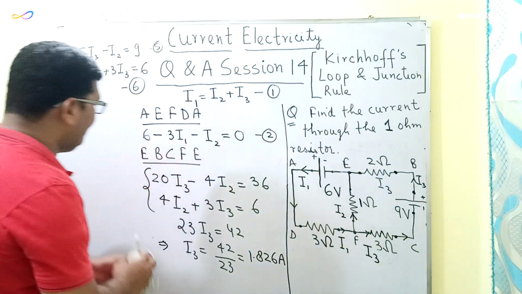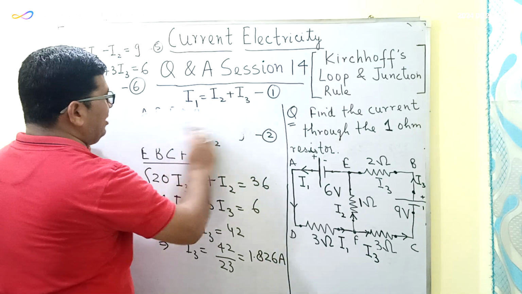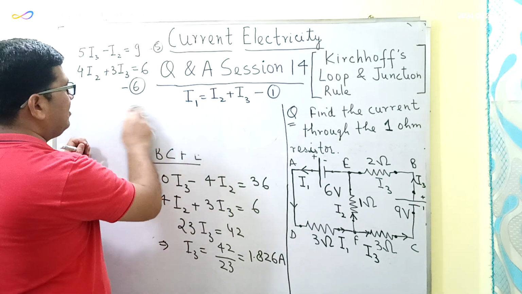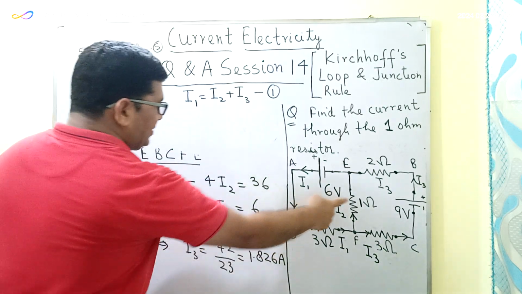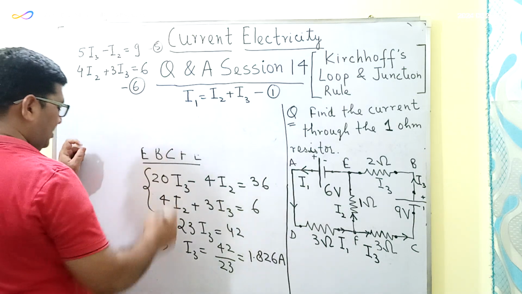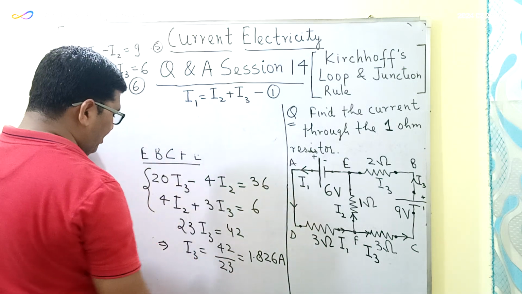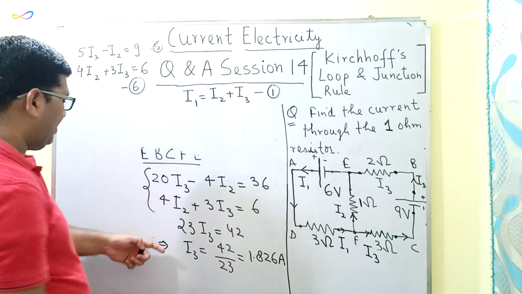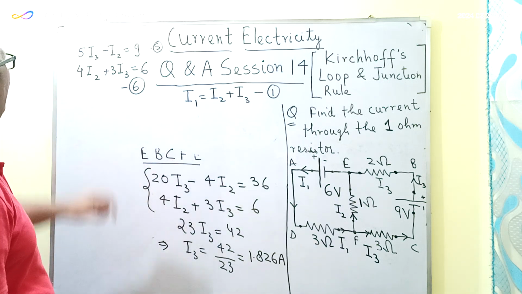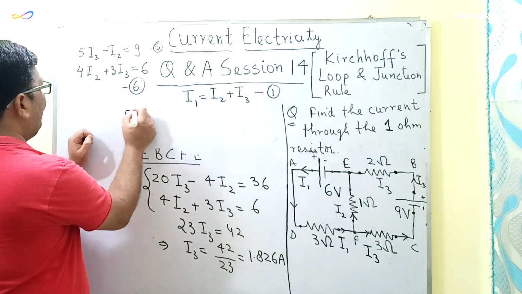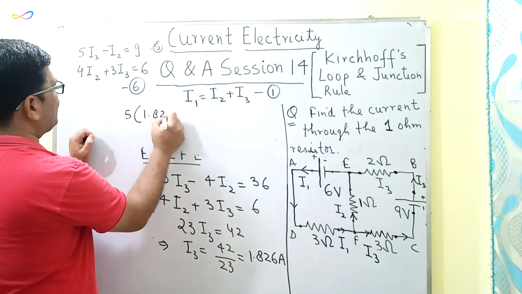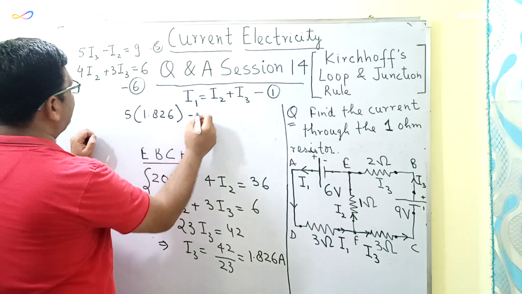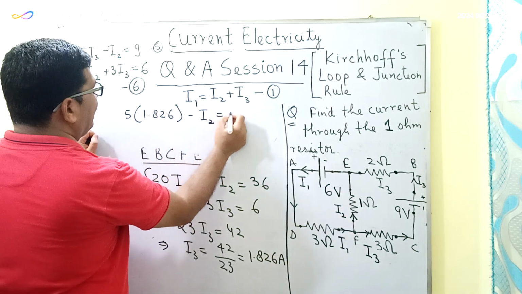But we have to find the value of the current which is flowing through the 1 ohm resistor, this one. That is, we have to find the value of I2. So if I substitute this value of I3 in the equation number 5, I will be getting 5 multiplied by 1.826 minus I2 is equal to 9.